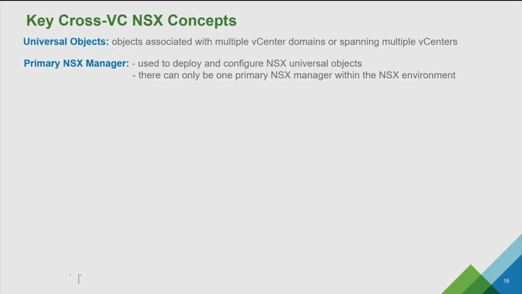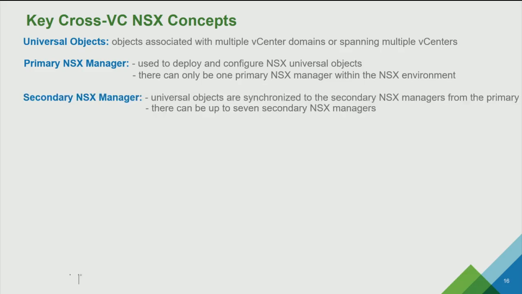You have one primary NSX Manager where you create your universal objects, and you can have up to 7 secondary NSX Managers, for a total of 8 NSX Managers. The primary syncs the universal configuration to the secondary NSX Managers, but the universal objects are only created from the primary NSX Manager.